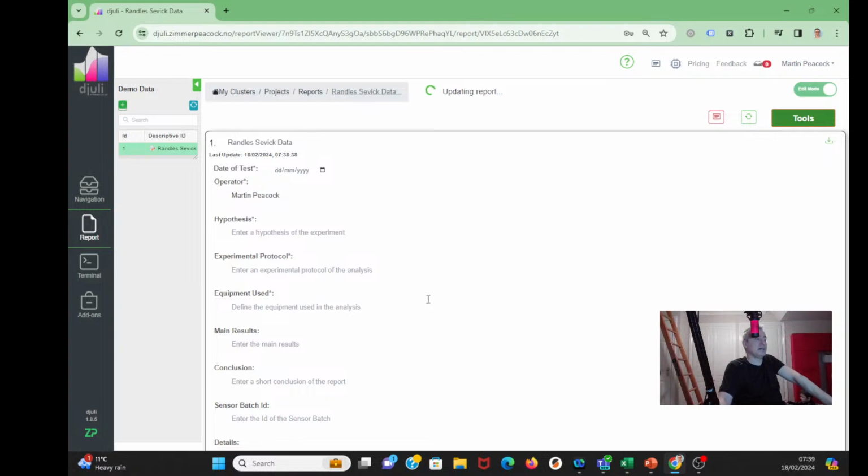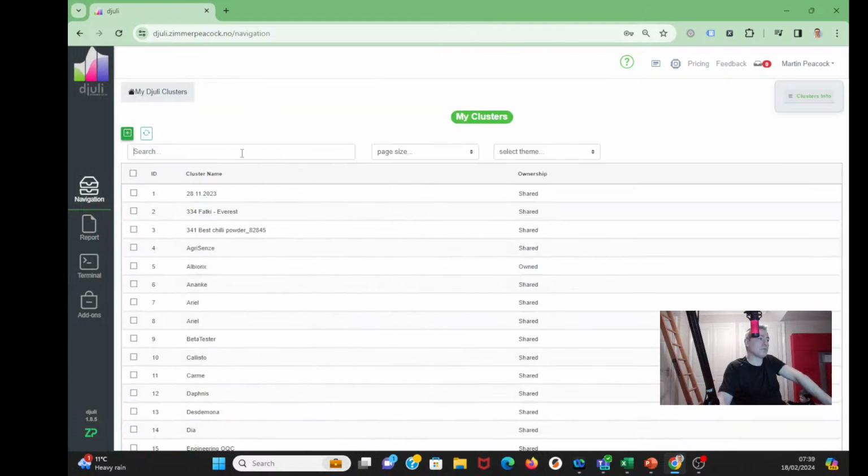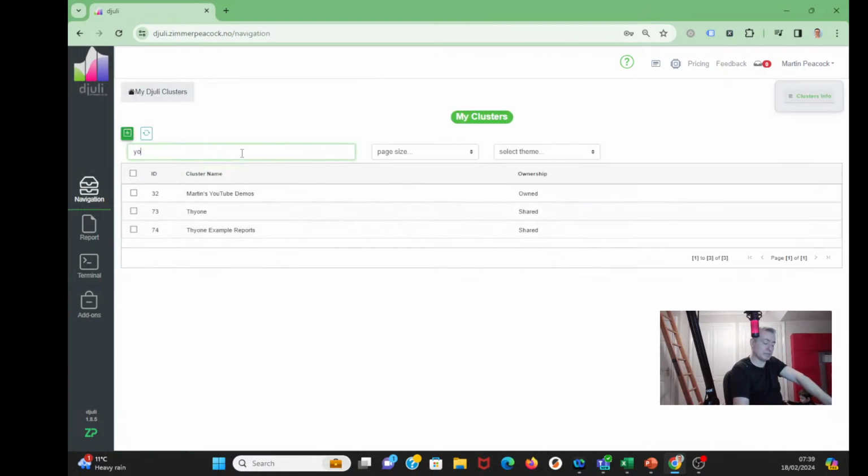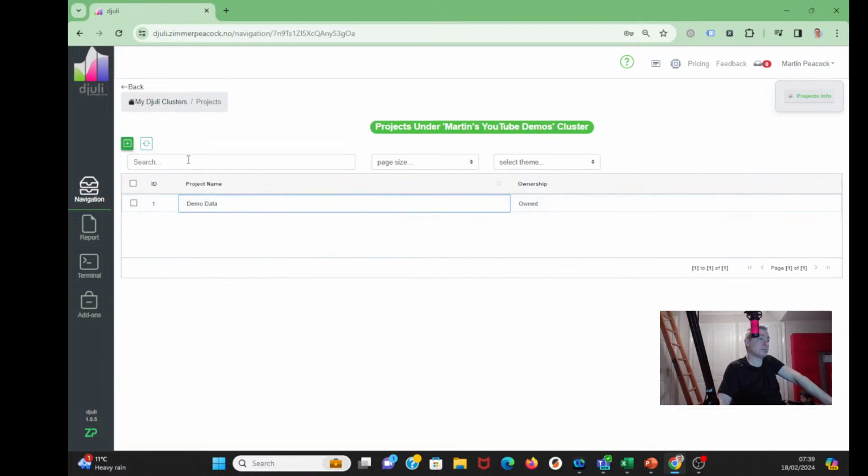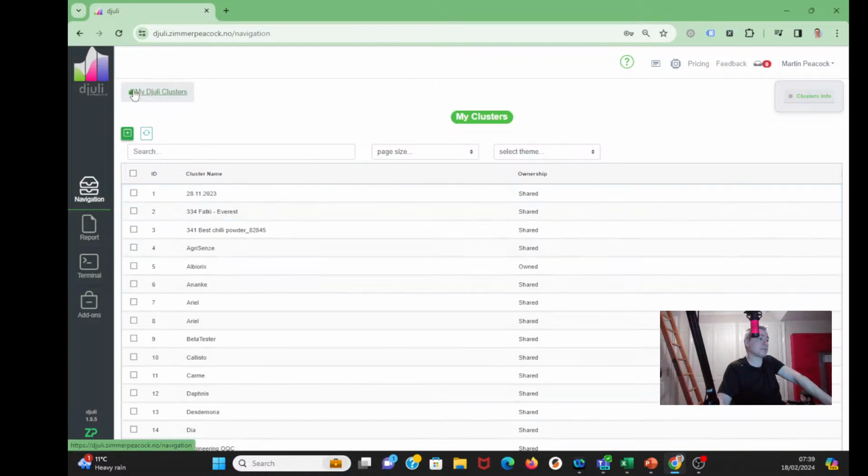And I just want to demonstrate that there's a real power to Julie as well. And the power is that, you know, everyone should be working in teams these days. And teams don't have to be necessarily in the same lab as each other, because the person who wants this data, once they've joined Julie, I will be able to, whoops a daisy, I'm going to have to go back slightly.